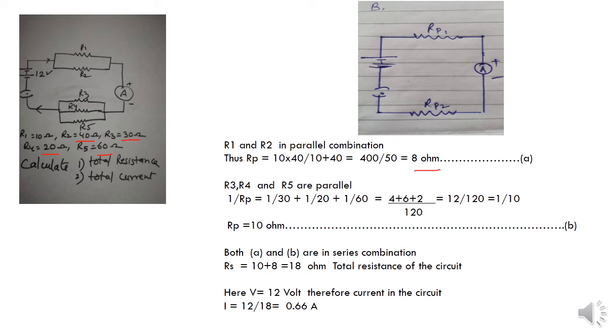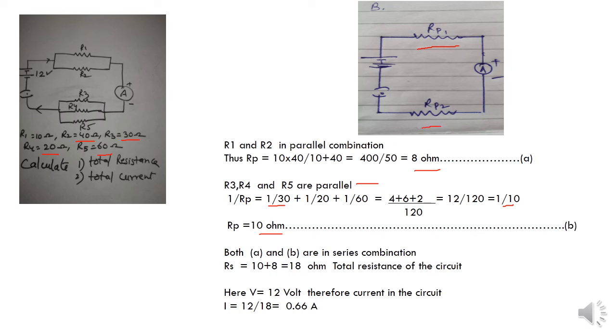In place of R1 and R2 we use RP1. Similarly R3, R4 and R5 are in parallel combination, so we find their equivalent resistance using 1 upon RP equals 1 by 30 plus 1 by 20 plus 1 by 60. It comes to be 10 ohm. So in place of R3, R4 and R5 I use RP2 here.